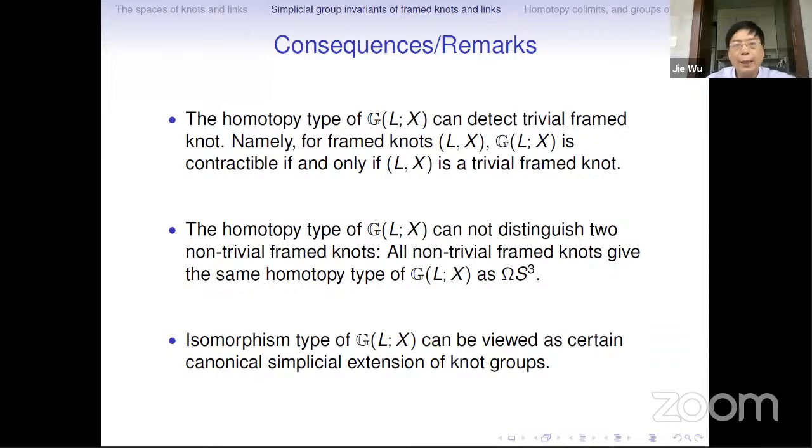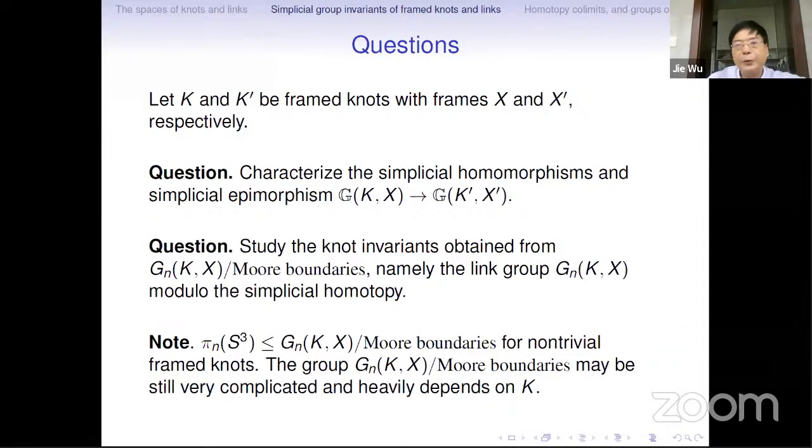Okay, so now of course I put down some questions, because this is the work we have done, and I think we try to work further. So for example, I list a few questions. For knot groups, there are some questions trying to look at the homomorphisms between knot groups, right?